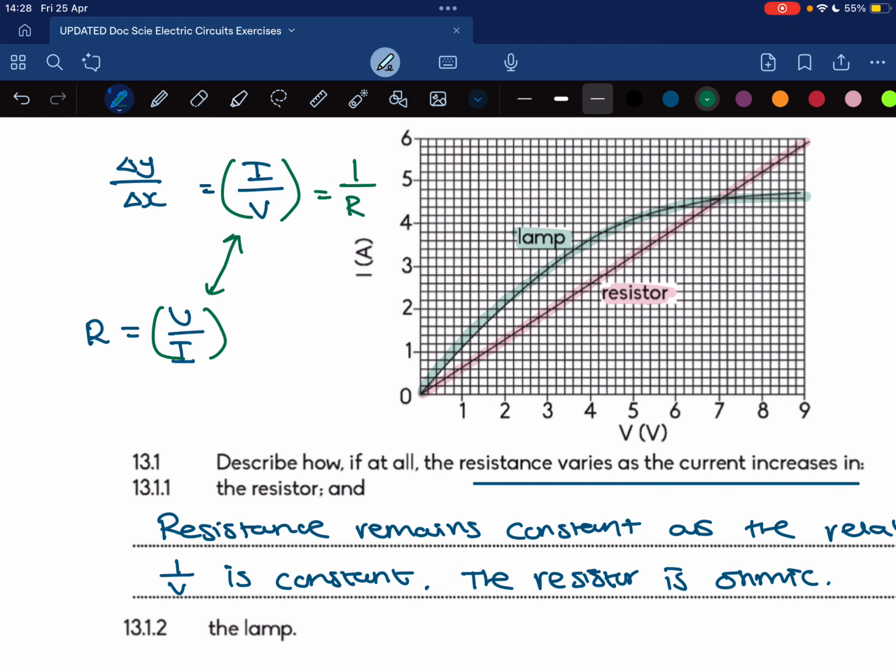You can choose any point on the graph. I'm going to take where the current is 5.2 and the voltage is 8. Okay, just make sure that you give yourself a good spread.